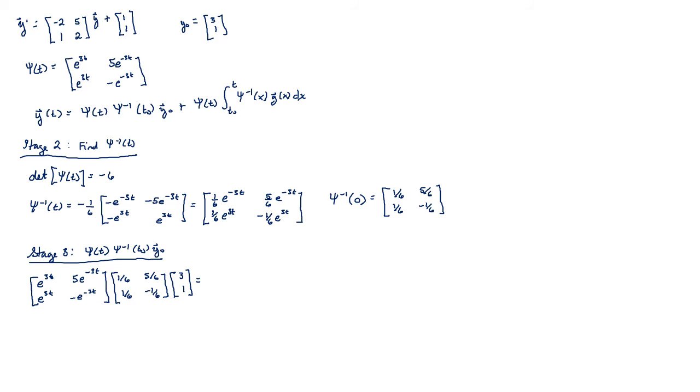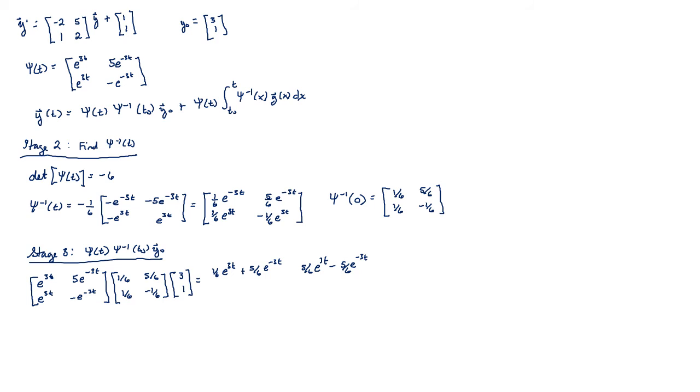So row 1, column 1 is going to give us 1/6 e to the 3t plus 5/6 e to the negative 3t. Row 1, column 2 is going to give us 5/6 e to the 3t minus 5/6 e to the negative 3t.